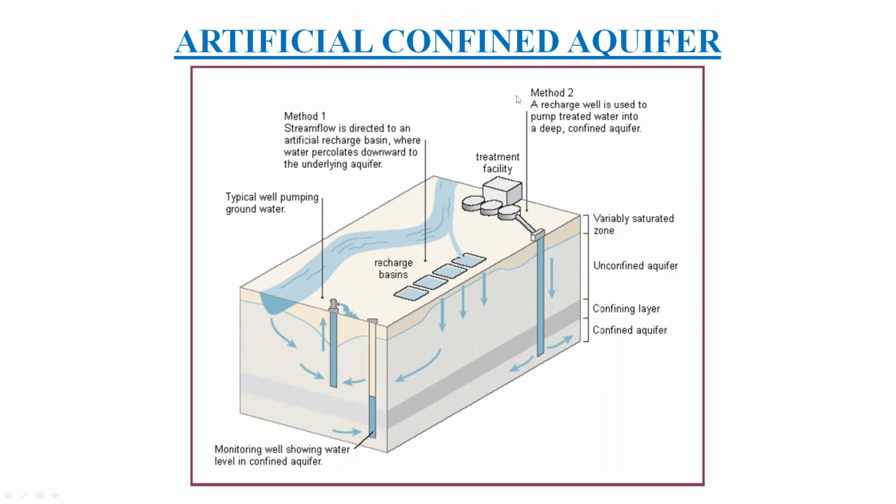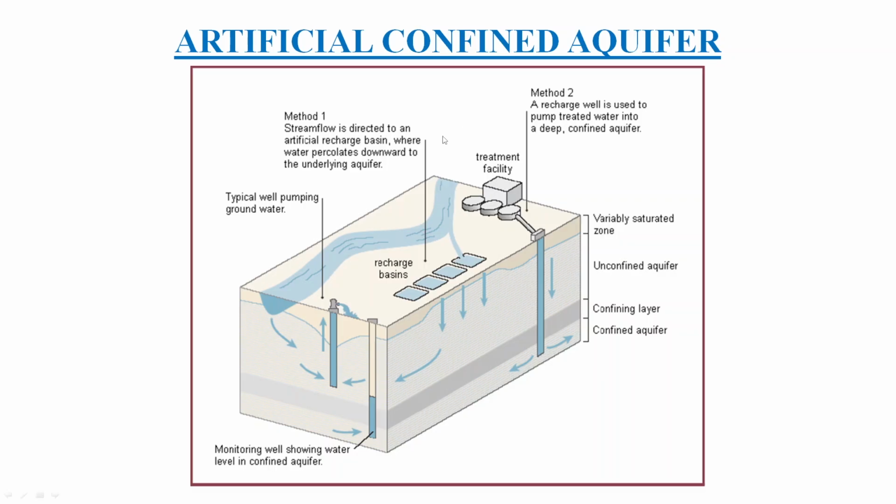Second method, a recharge well is used to pump treated water into a deep confined aquifer. You already know the position of the deep confined aquifer, so here you are doing it in a reverse manner. You are not using a pump to extract the water, you are simply pumping fresh water deep within that confined aquifer. This way you can manage and recharge zones where your aquifers have already been exhausted or are under extreme depletion.